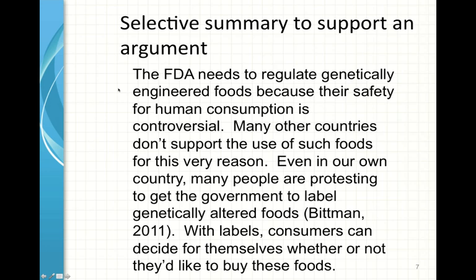The FDA needs to regulate genetically engineered foods because their safety for human consumption is controversial. Many other countries don't support the use of such foods for this very reason. Even in our own country, many people are protesting to get the government to label genetically altered foods. Bittman, 2001. With labels, consumers can decide for themselves whether or not they'd like to buy these foods.